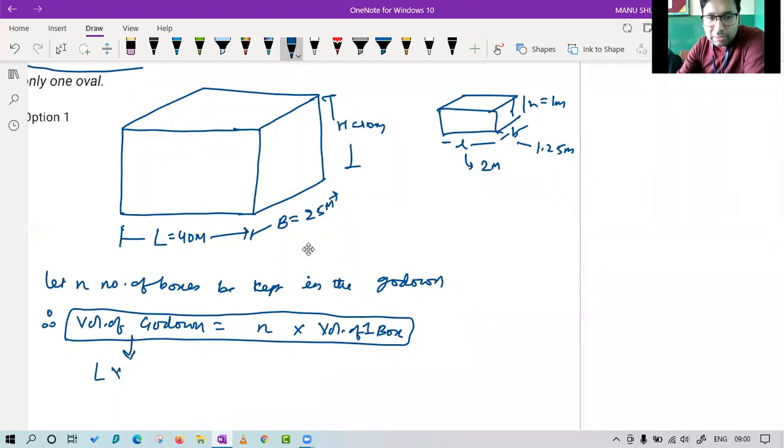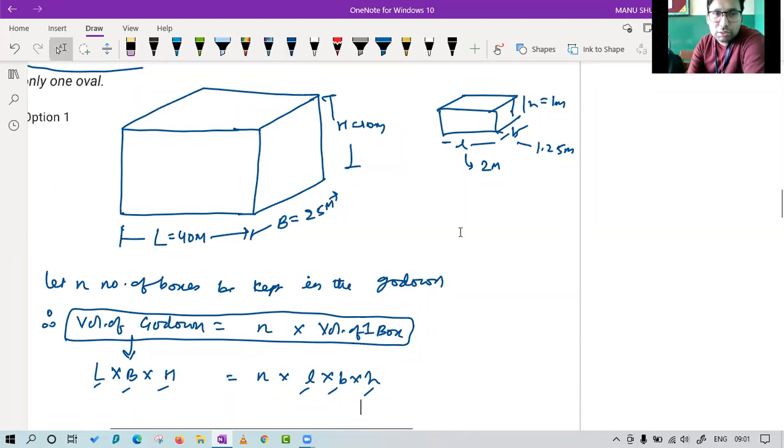It is capital L into capital B into capital H, and n into small l, small b, small h. So this was the reason that I have taken different variables for the godown and for the boxes. Because if I had taken both as small l, small b and small h, I could have cut this also by mistake. So that's why we need to have different variables for different figures.